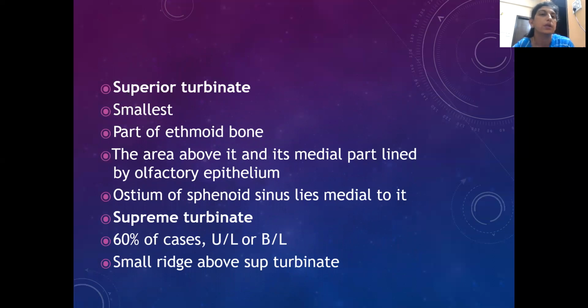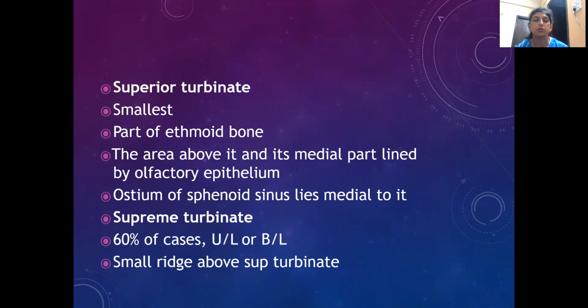The superior turbinate is the smallest. It is a part of the ethmoid bone. The area above it and its medial part is lined by the olfactory epithelium, and the opening or ostium of the sphenoid sinus lies just medial to it.